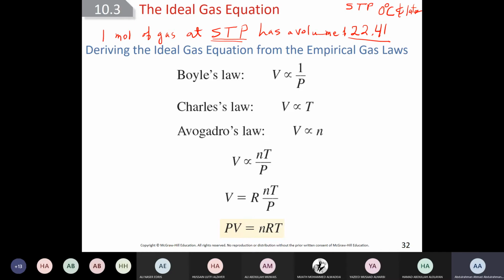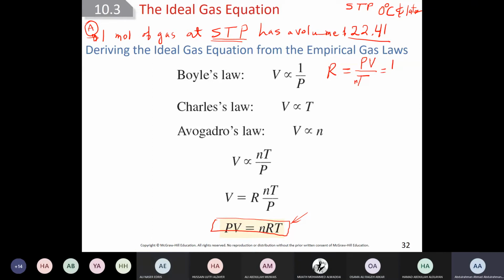Let's apply the ideal gas law. From the ideal gas law, what's R? A constant. Yes, but what is it equal to from the equation? PV over nT. Let's apply this to R. For gas A, what's the pressure? 1.